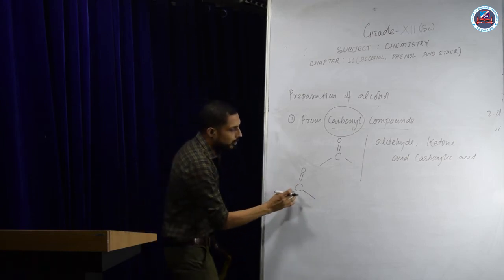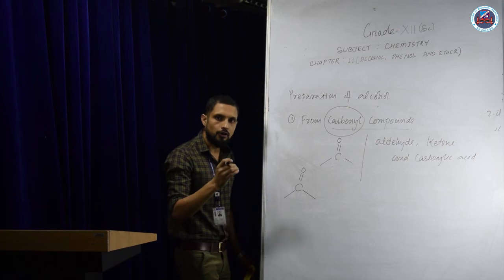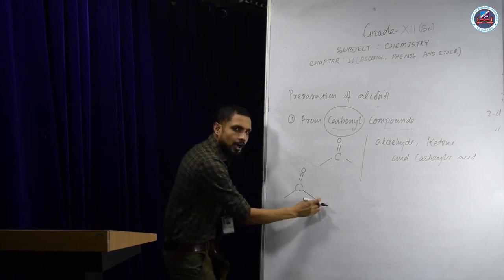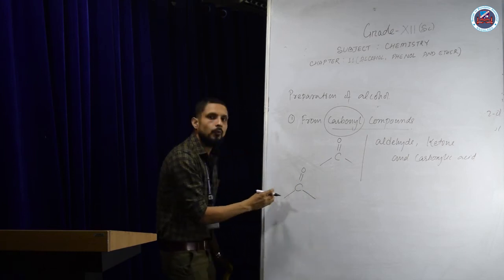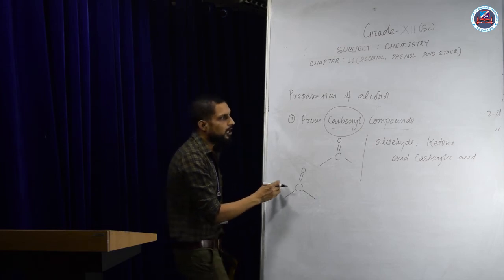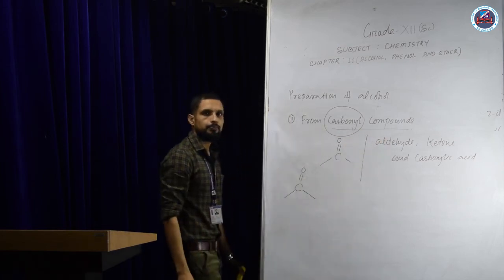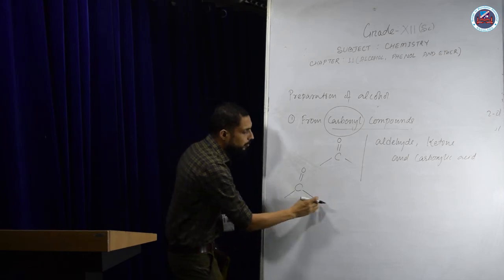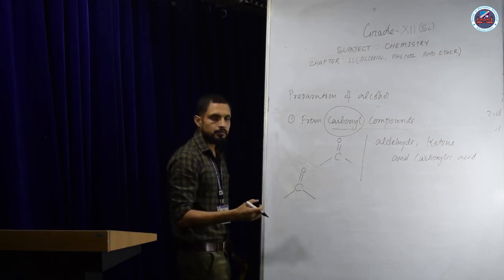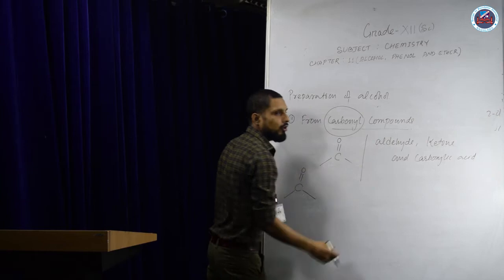Now if both the bonds are with hydrogen, or one with hydrogen and one with carbon, it will give aldehyde. In case if both the bonds are with carbon, it will give ketone.